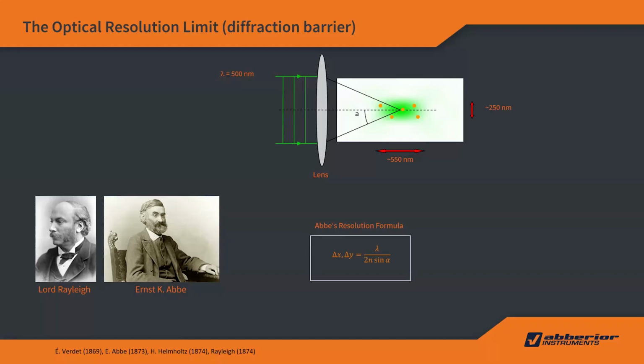What does that mean? It means a point light, when it passes through the lens system, it will be elongated, as you can see here. The excitation beam is elongated into an elliptical, large American football sized dot pattern. In the XY, it's 250, and in the Z, it's even 550 nanometer.